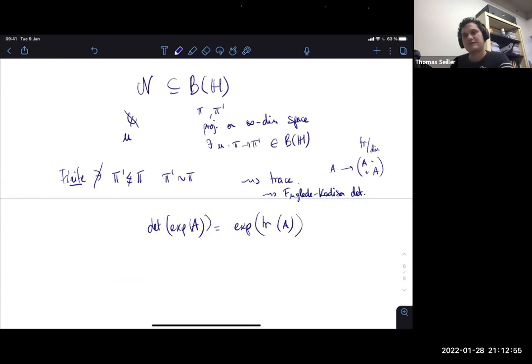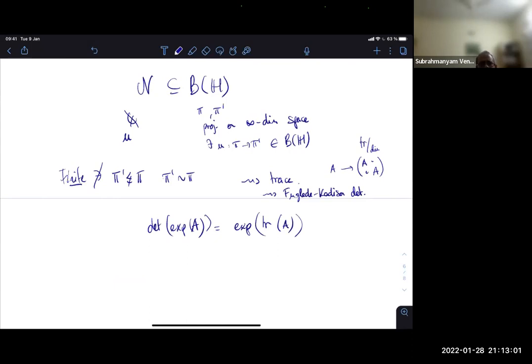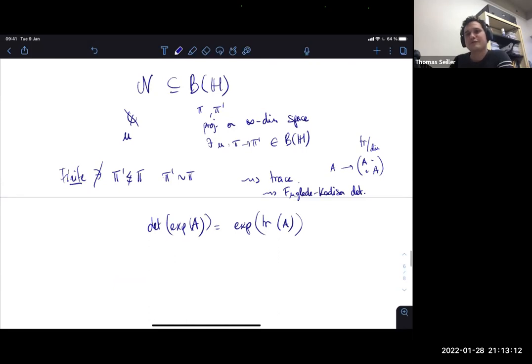And using this, you can define the determinant from the trace. You have to go through some things, but basically you have functional calculus, so you can define log of matrices and stuff like this. So yes, there's also a determinant coming in, but yeah.